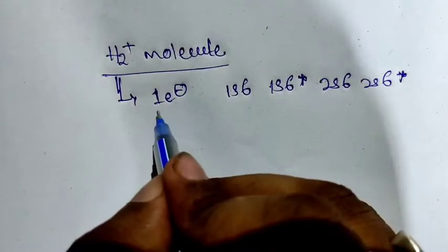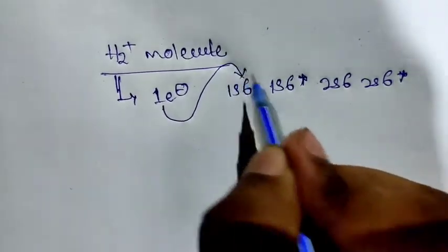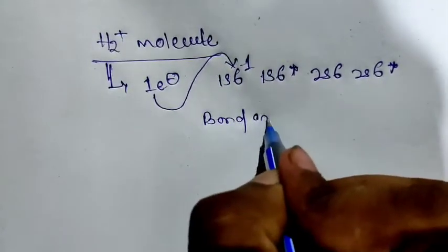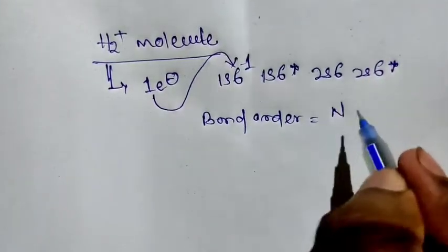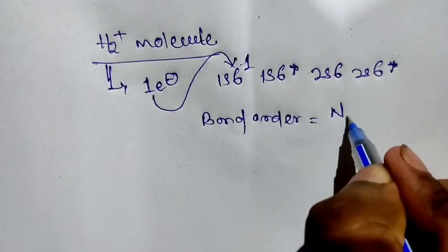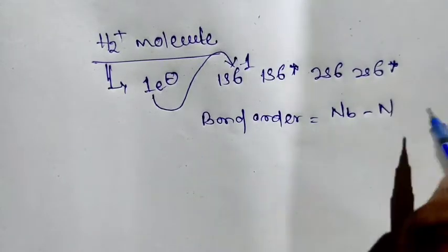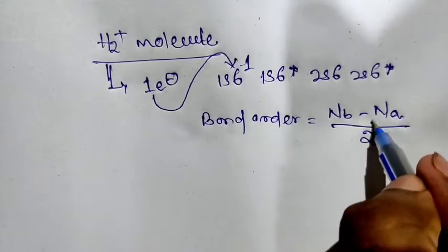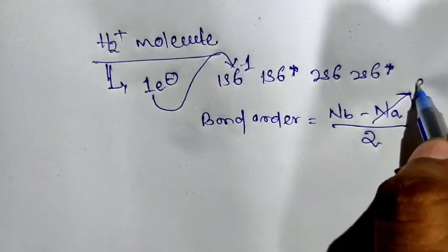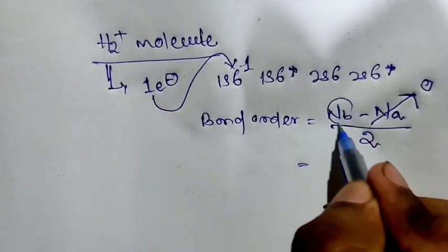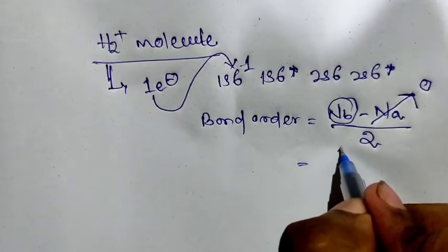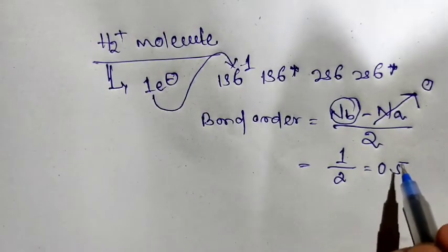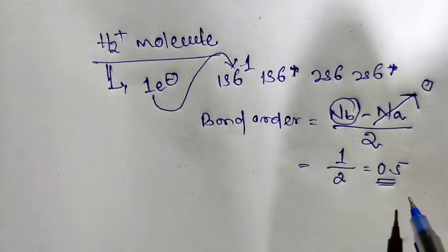This 1 electron goes to the first bonding molecular orbital. So according to the formula, bond order equals the number of electrons in bonding orbitals minus the number in anti-bonding orbitals, divided by 2. As there is no electron in the anti-bonding orbital, we neglect that term, and one electron is present in the bonding orbital, so 1 divided by 2, that is 0.5. So this molecule has 0.5 bond order.